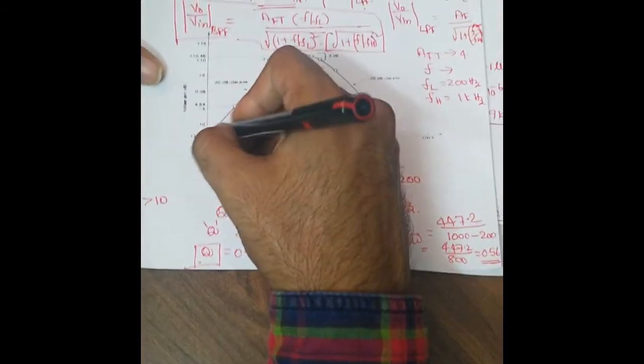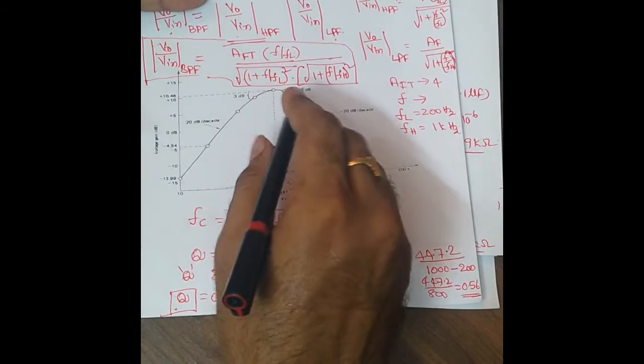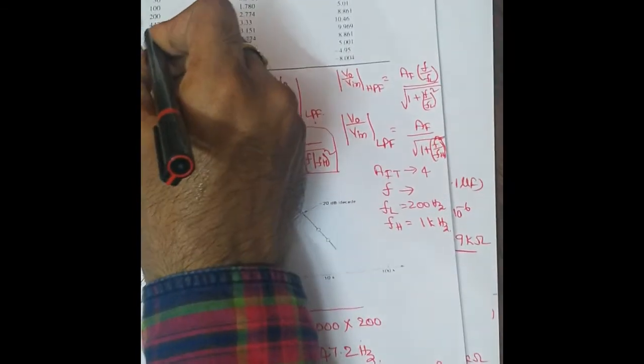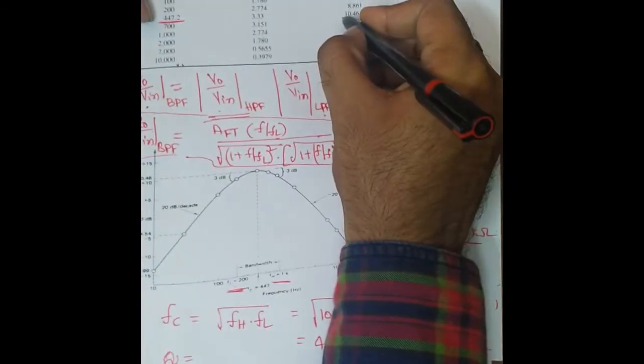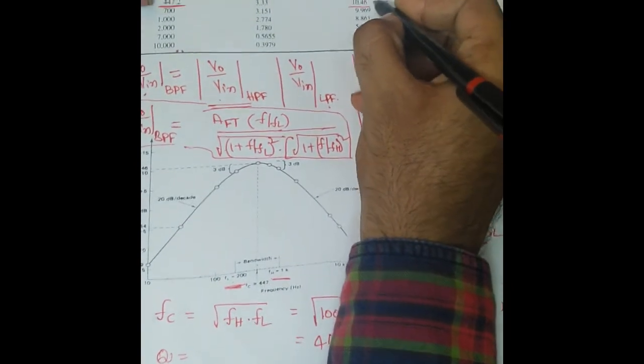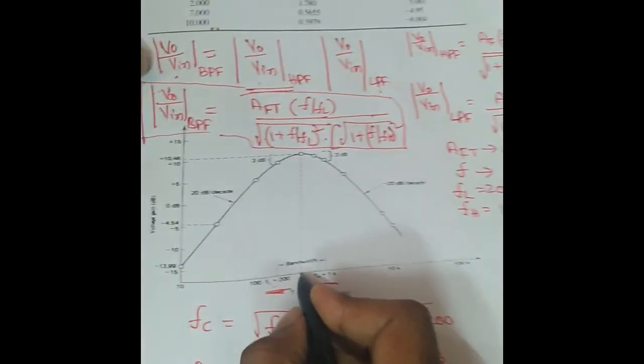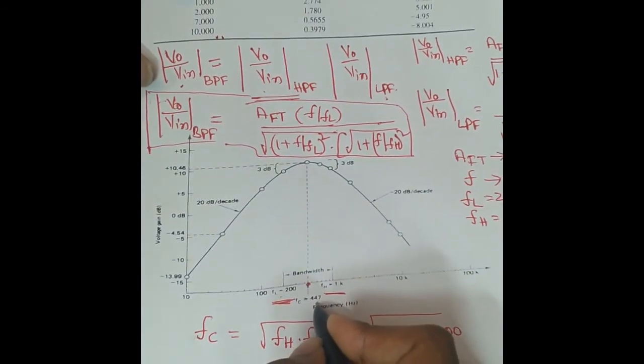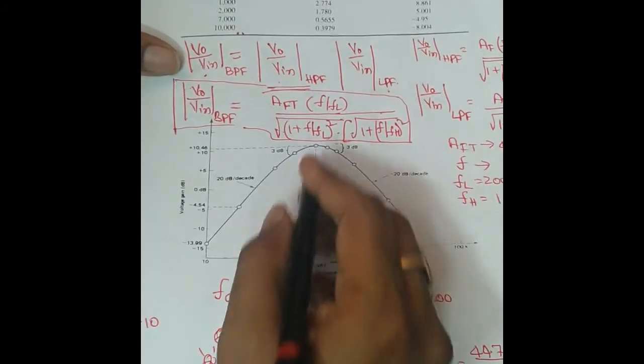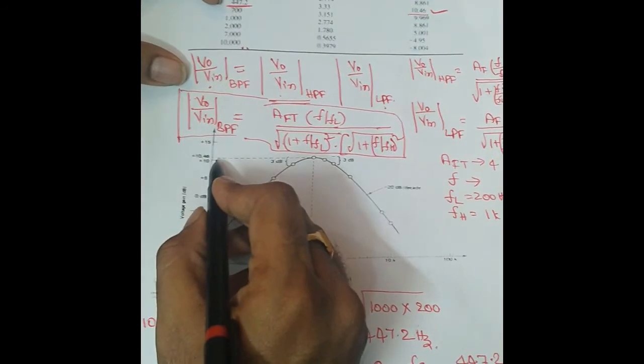If you observe the graph, at exactly 447.2 Hz, the magnitude value is 10.46 dB.